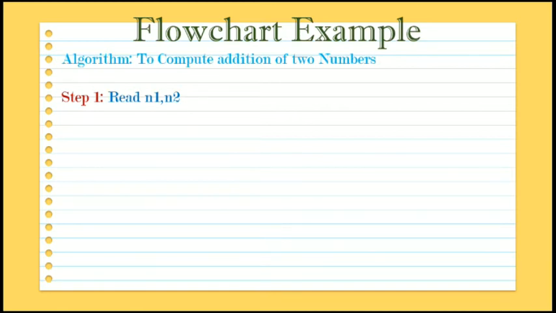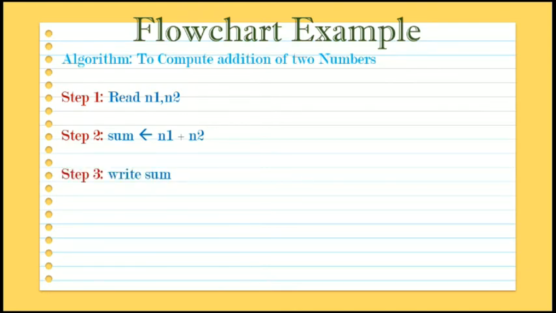In step 2, we will add these two numbers and we will save the result in sum. So the statement will be sum equal to n1 plus n2. In step 3, we will print the result which is saved in sum.